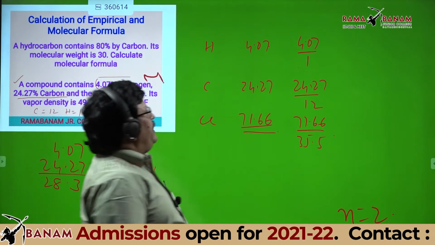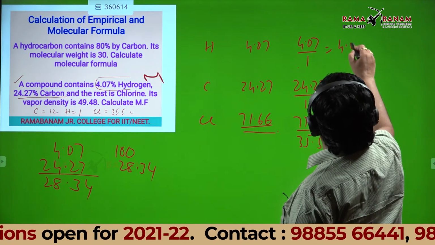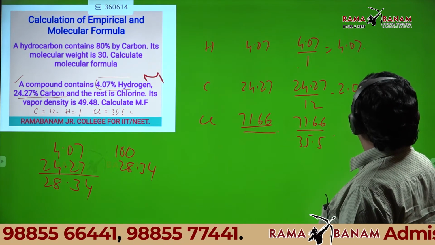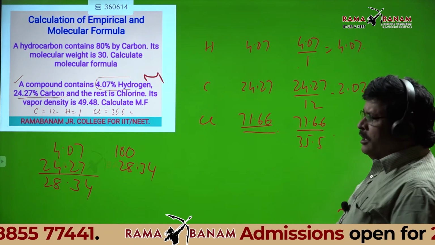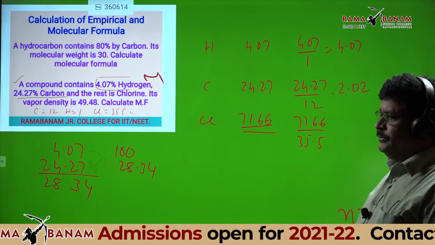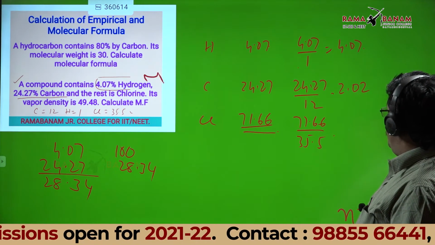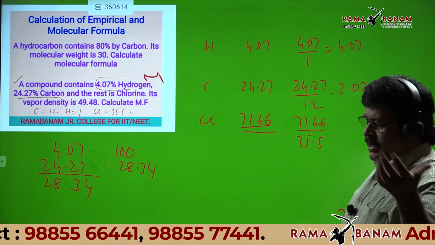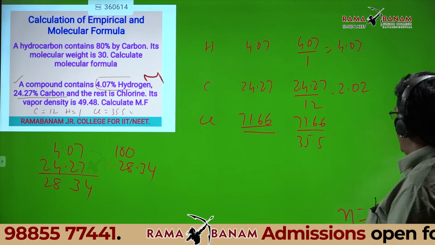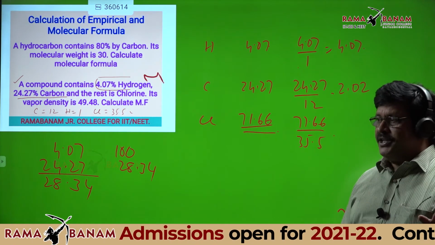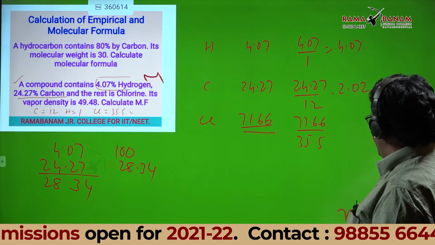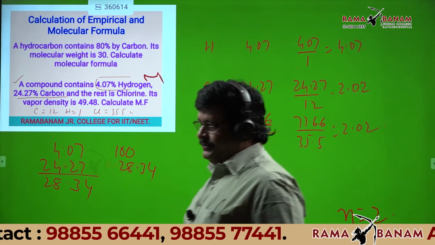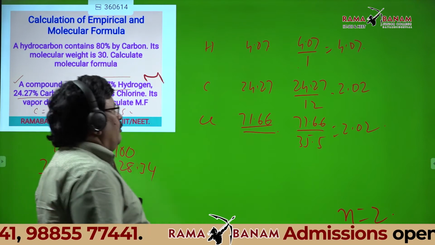This value is 4.07 only. This value is something around 2.02, and this one is also more or less 2.02, whatever it may be.